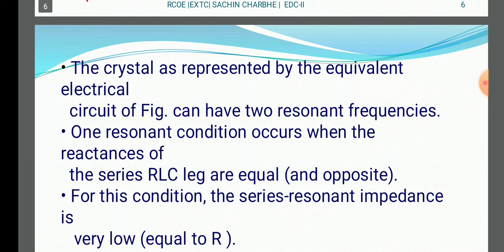This crystal is represented by the equivalent circuit shown in the figure, which we saw previously, and it can have two resonant frequencies.